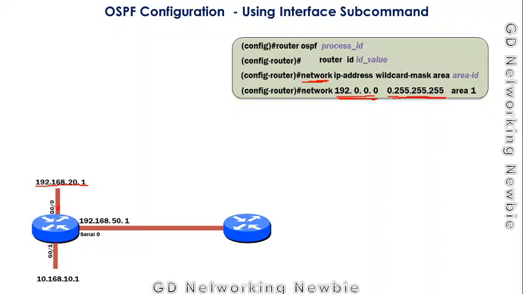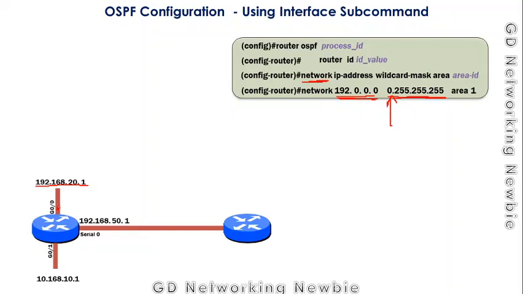For example, in this case, as per the wildcard mask, if the first octet matches, then enable OSPF on that particular interface. 192 is going to match with this 192 as per the wildcard mask. So once the match is found, that particular interface will be enabled with the OSPF routing protocol. This was something we discussed in detail in our previous video.